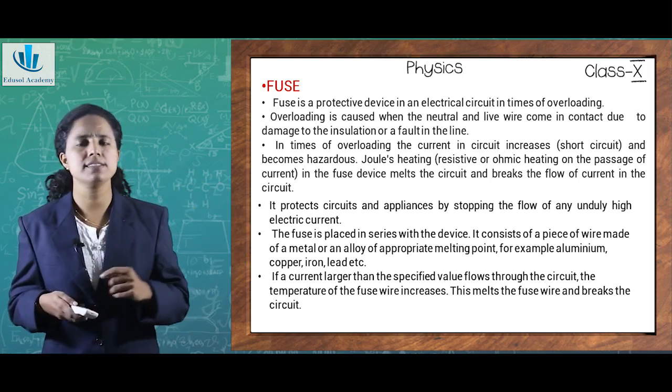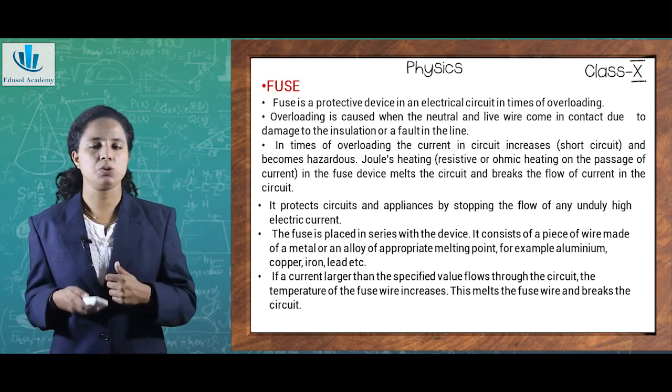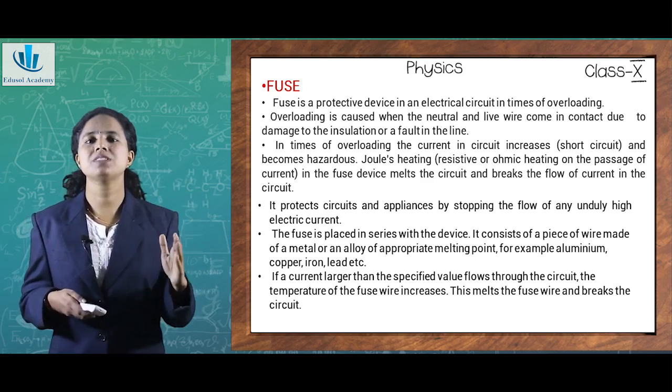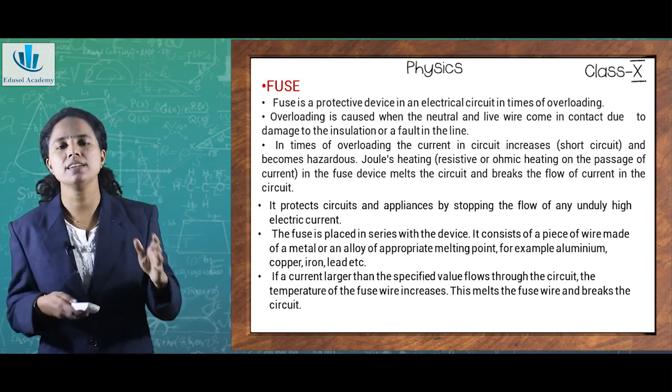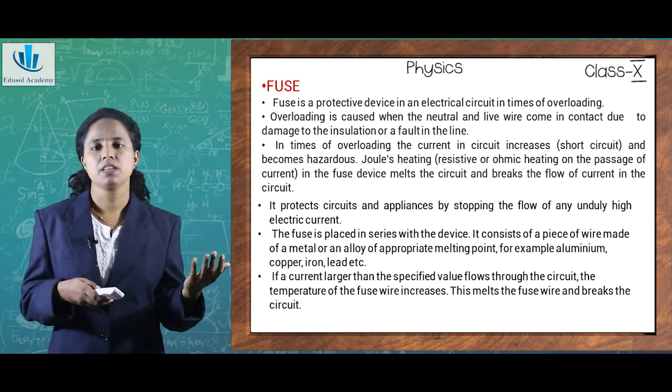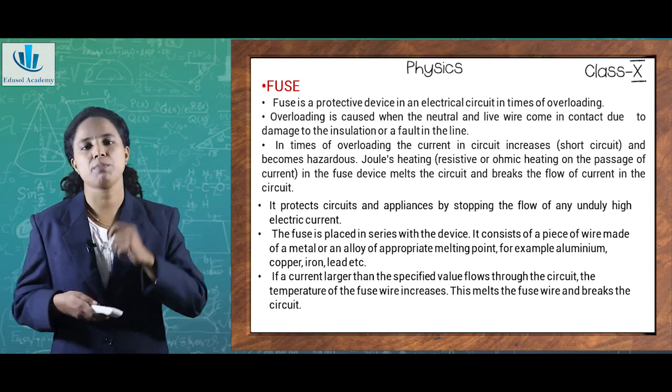And how is it placed in the case of domestic electric circuits? You can see that the fuse is placed in series with the device. And the fuse mainly consists of a piece of wire, and it can be made of a metal or an alloy of appropriate melting point.